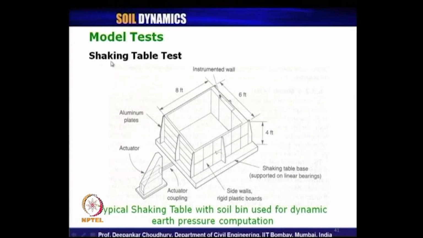Because in structural engineering, it is pretty common to do 1G model tests, that is, you scale down your actual 10-storied building to a small model 10-storied building and do the test. You will get fairly accurate values of stresses, displacement and so on from the model test. You apply the scaling laws, etc.